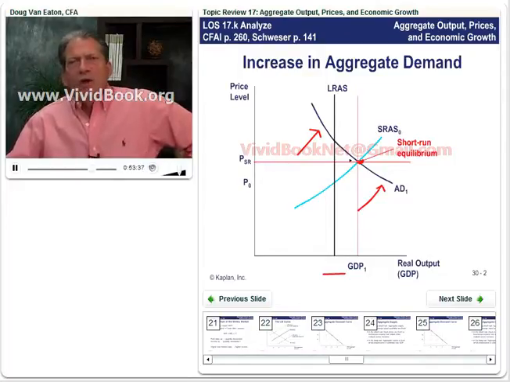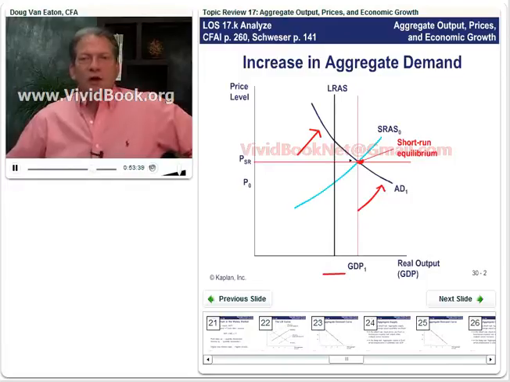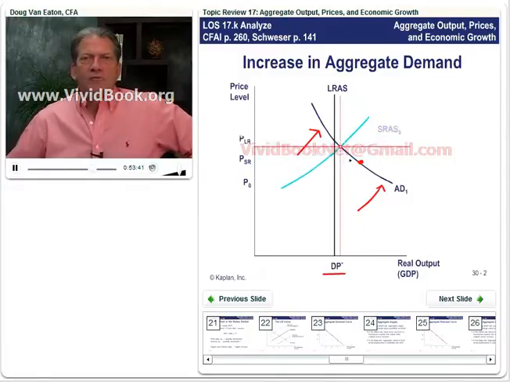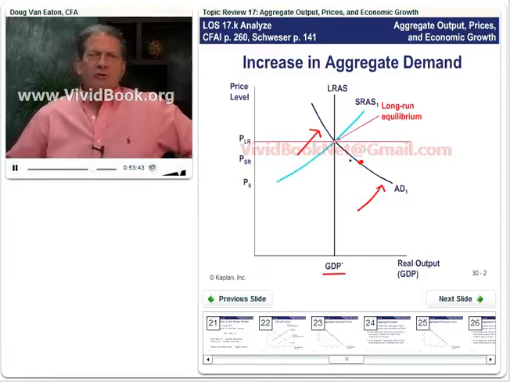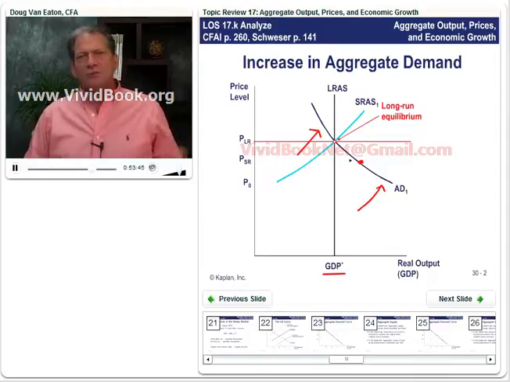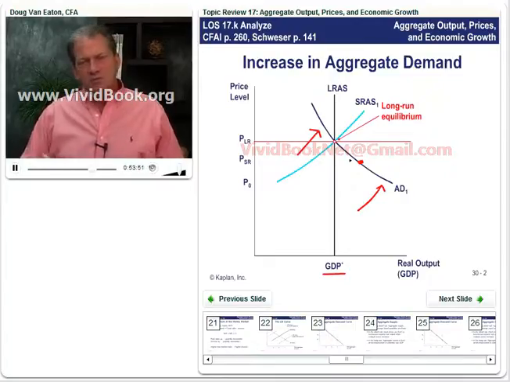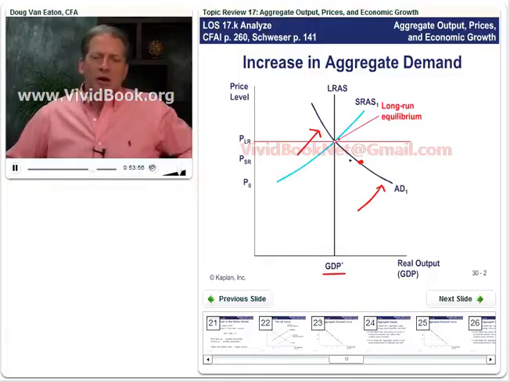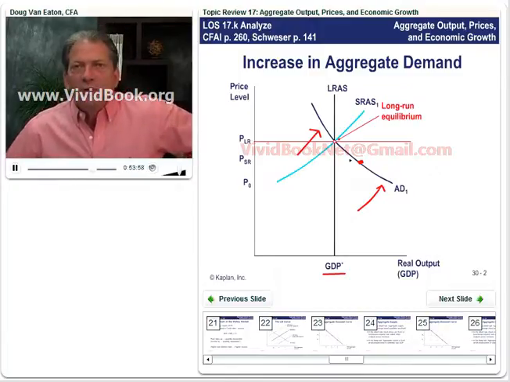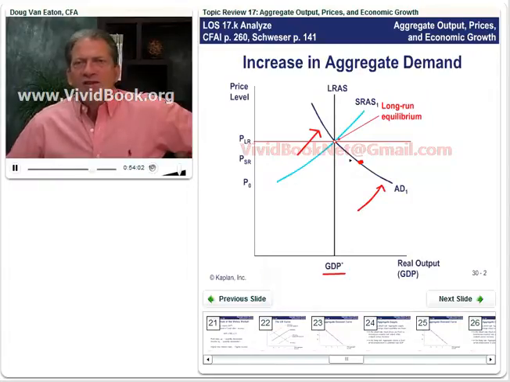And now what do we have? We've got upward pressure on wages and other input prices. That upward pressure increases those input prices and reduces short-run aggregate supply, as you saw on the graph. It shifts back. These input prices rise, wages rise, until we're back on long-run equilibrium. But I want you to see the overall effects.